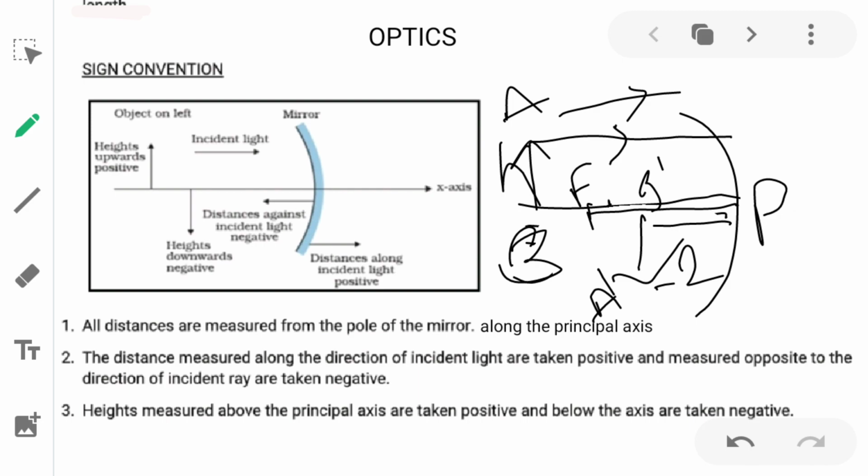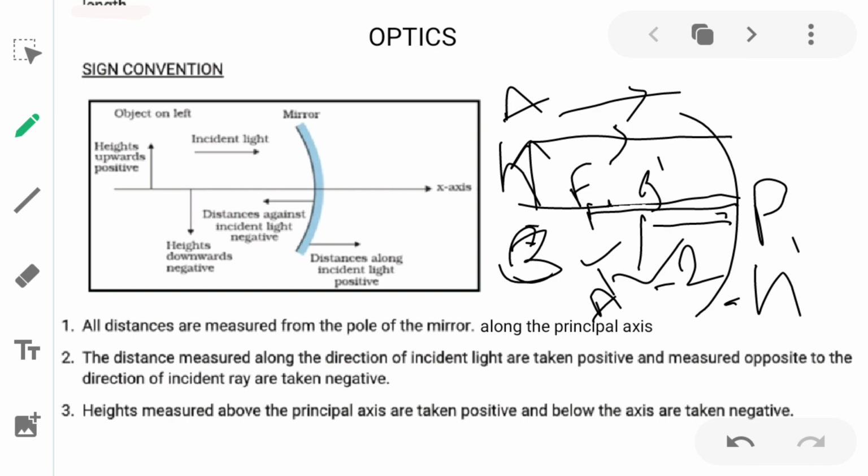Now look at the image A dash B dash, which is inverted below the principal axis. If it is of height h dash, then it can be taken as -h dash, as it is below the principal axis. Now why is this sign convention required? It is required for the derivation purpose as well as for the calculations and to solve the numericals.